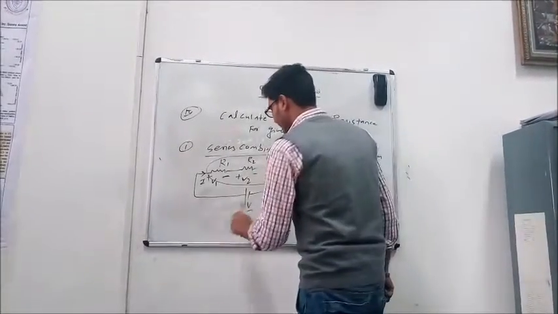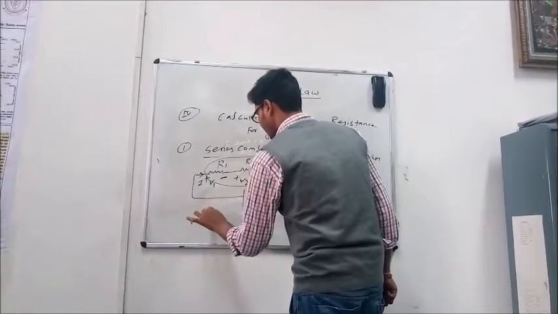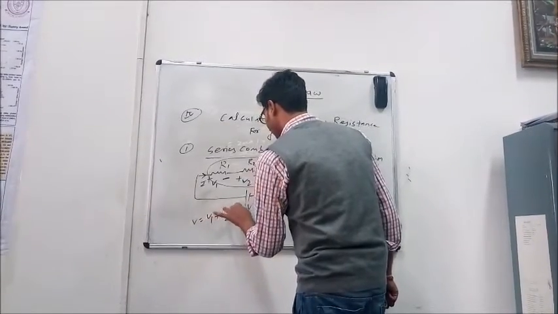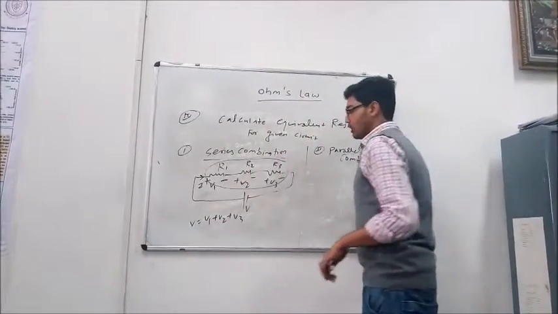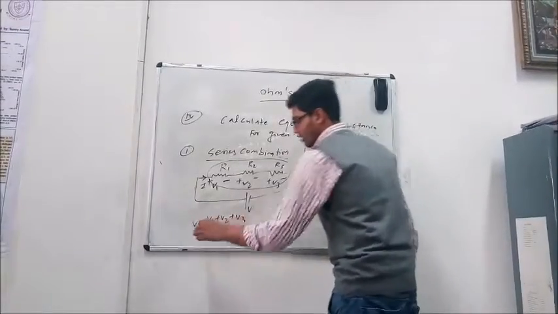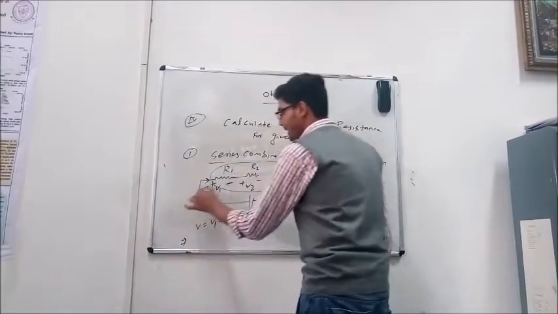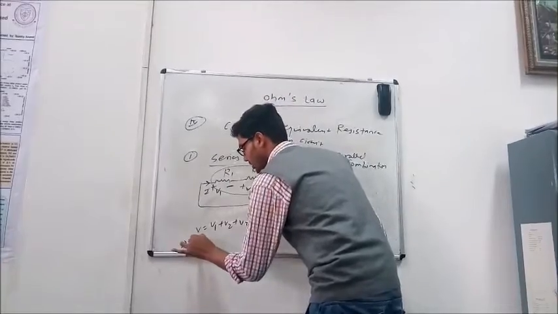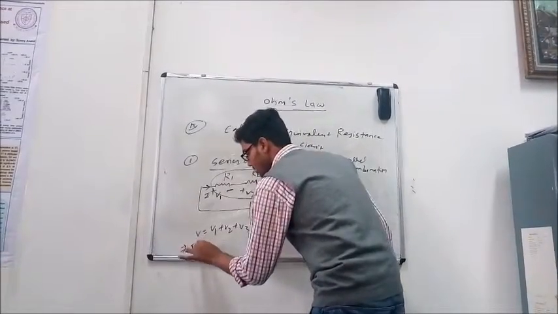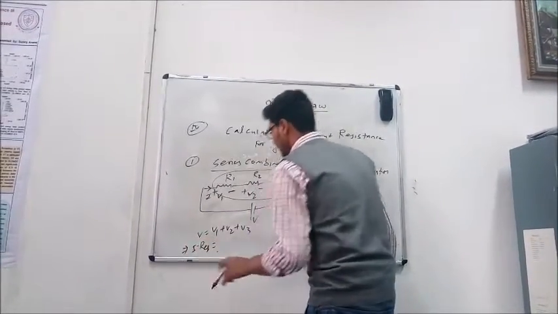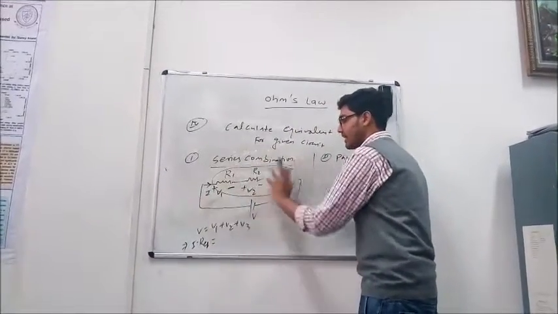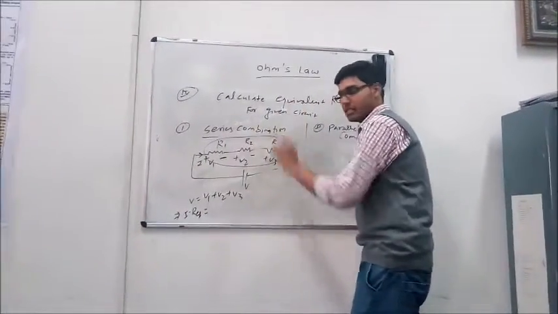So we can write V equal to V1 plus V2 plus V3. In a similar way, we can write V equal to the current I into R equivalent. This is the equivalent resistance which we can replace in place of all these resistances.